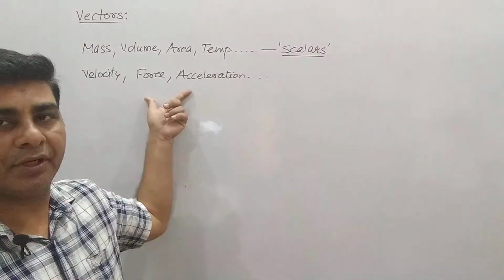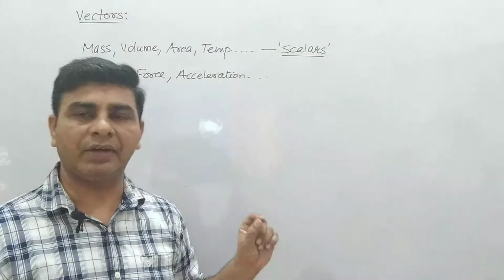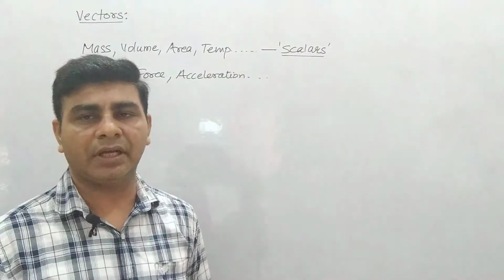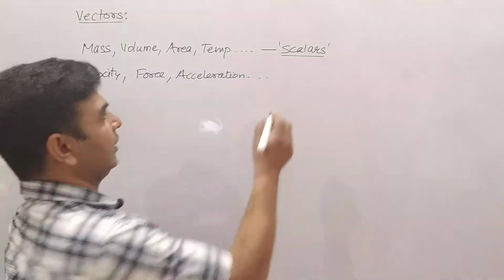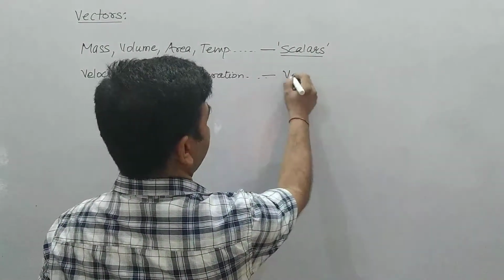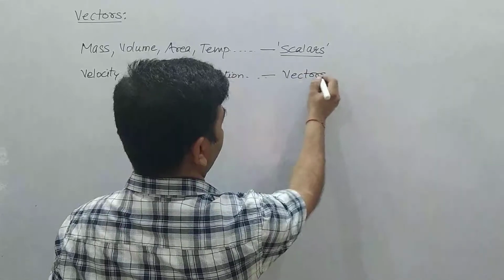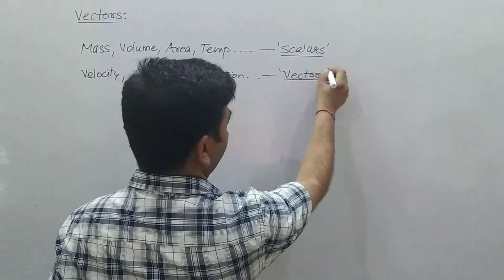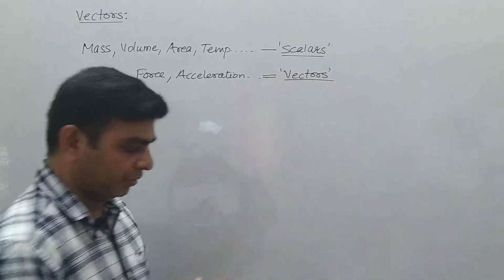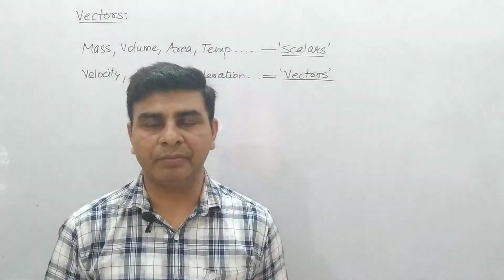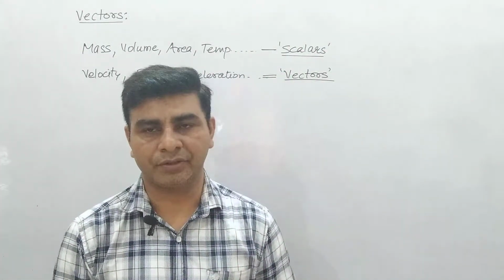So the quantities which have magnitude as well as direction are termed vectors, and that is the topic we are going to discuss.